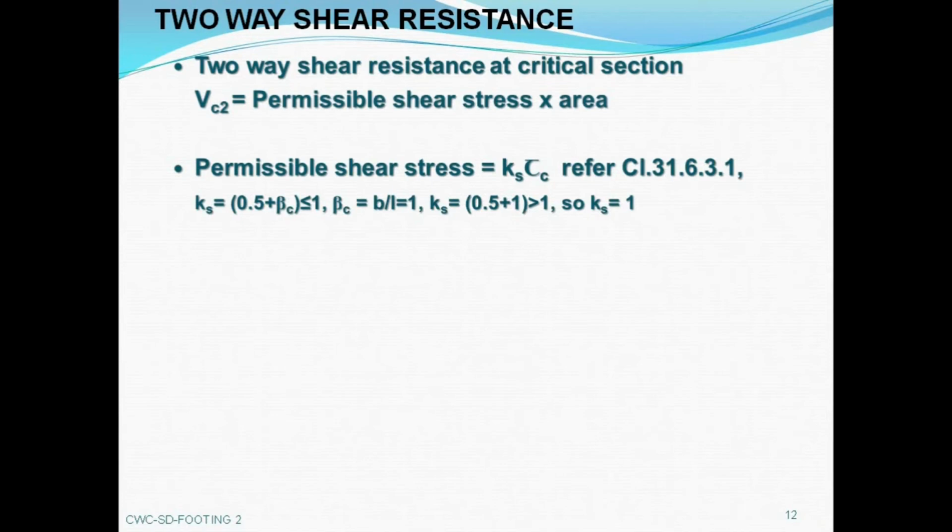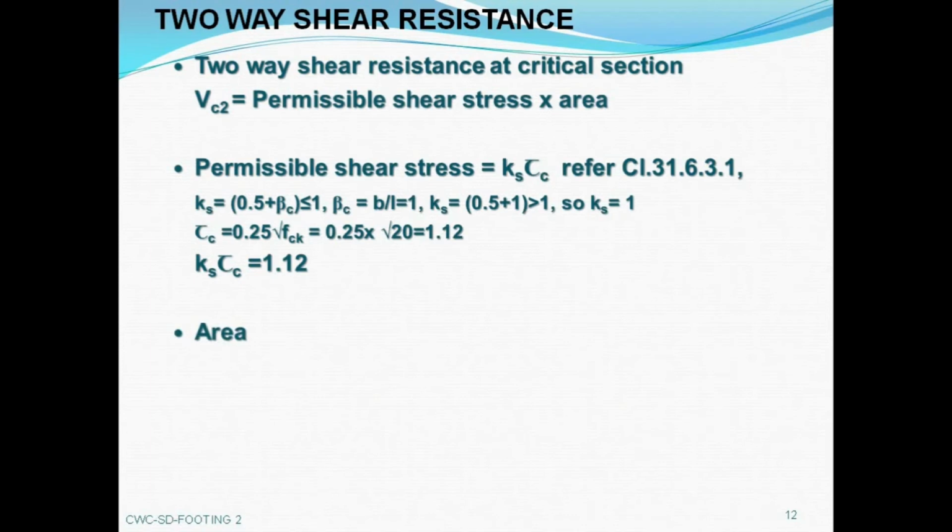Since it is a square column, beta c equal to 1. So Ks equal to 0.5 plus 1, which is greater than 1. So we have to take the value of Ks as 1. And tau c is equal to 0.25 into root fck. So we get the value of tau c as 1.12. So permissible shear stress Ks tau c is equal to 1.12.